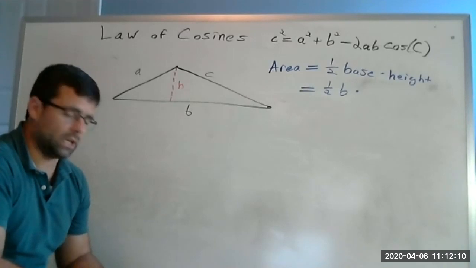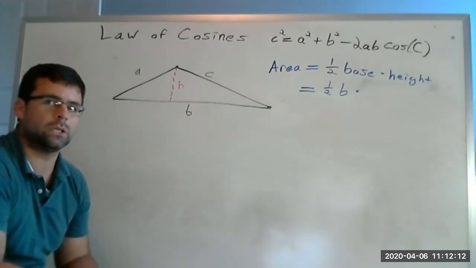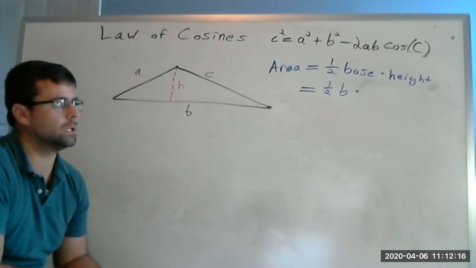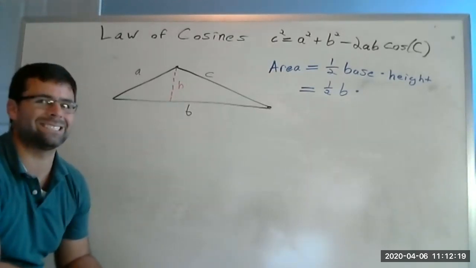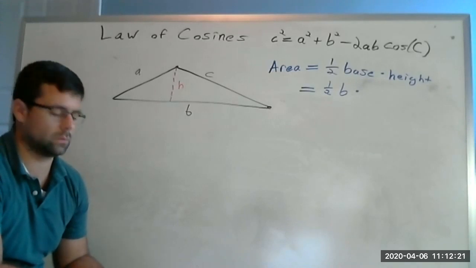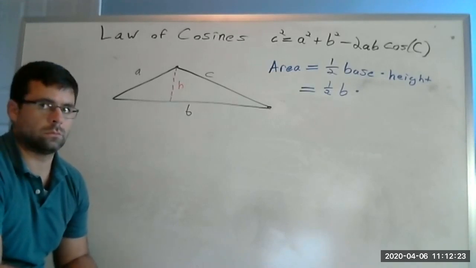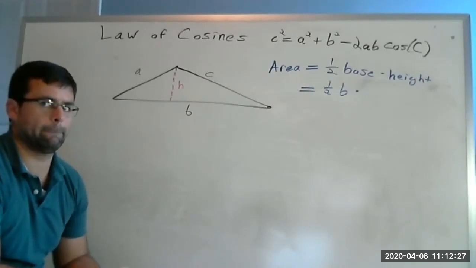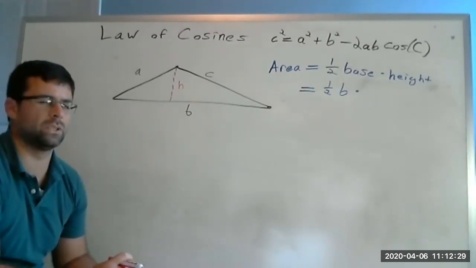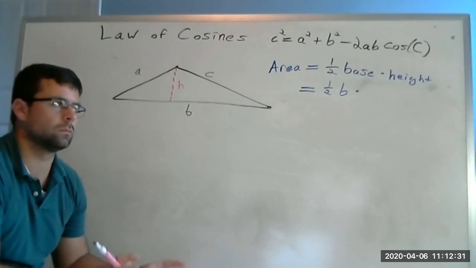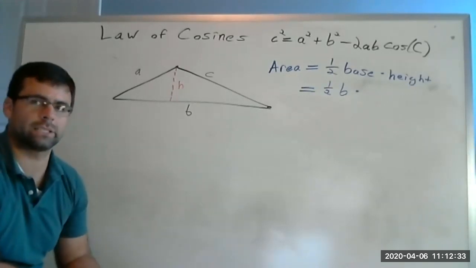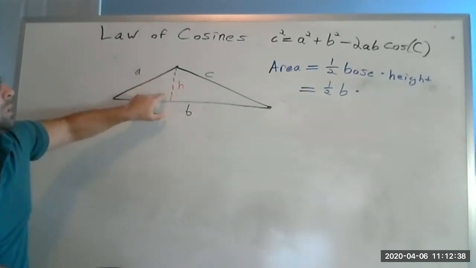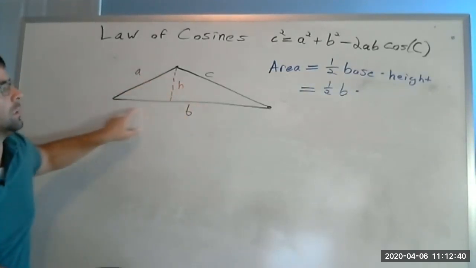What does it mean to be straight down from the peak? This one's a little bit more abstract, but you can tell something about how this line relates to this one.